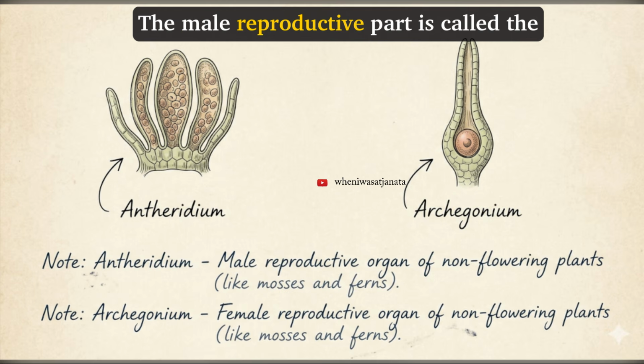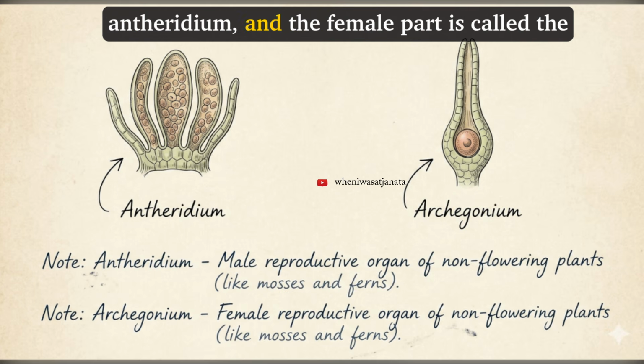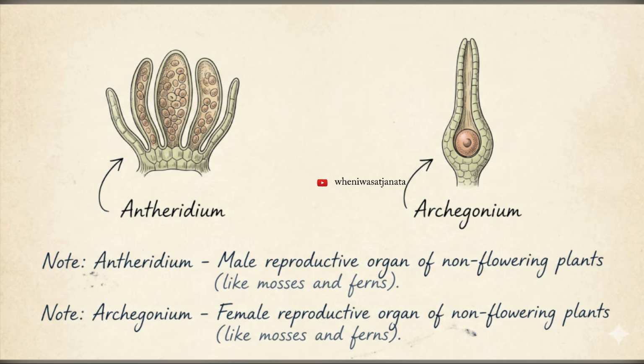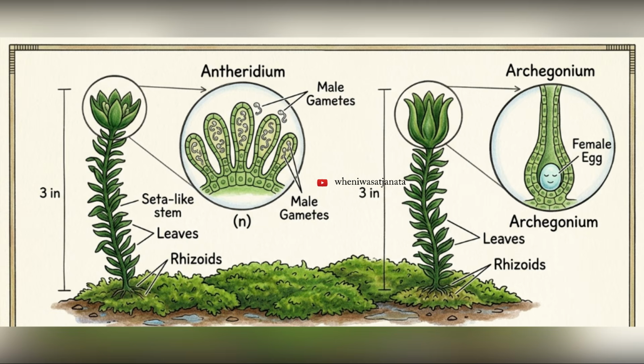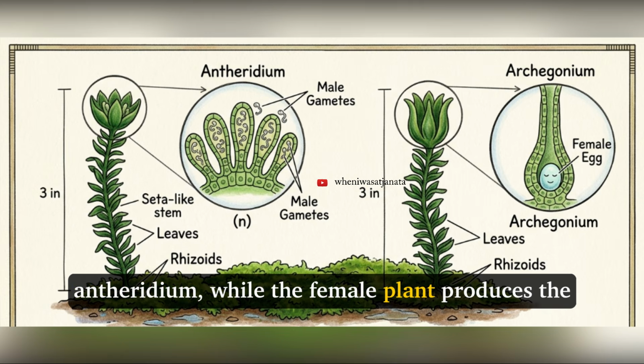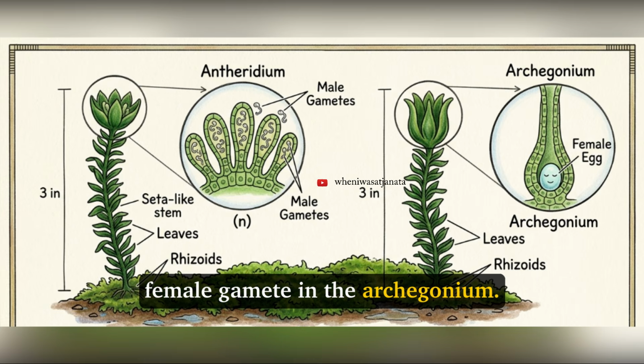The male reproductive part is called the antheridium, and the female part is called the archegonium. The male plant produces the male gamete in the antheridium, while the female plant produces the female gamete in the archegonium.